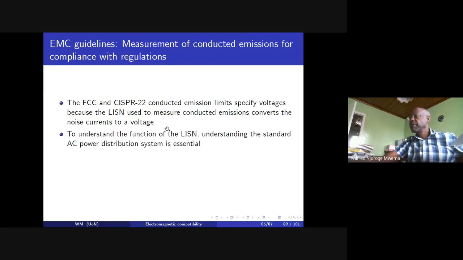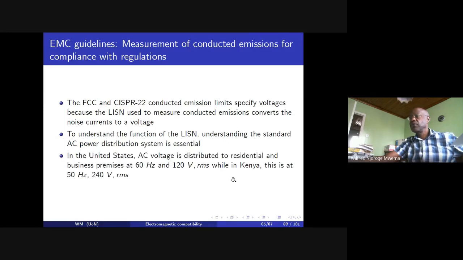And to understand the function of the LISN, understanding the standard AC power distribution system is essential. In the United States, we have AC voltages that are distributed to residential and business premises at 60 hertz and 120 volts RMS.